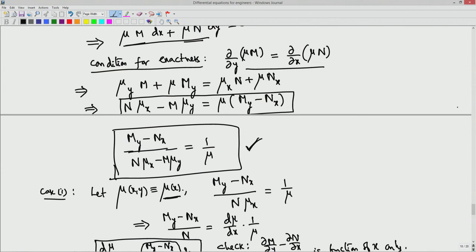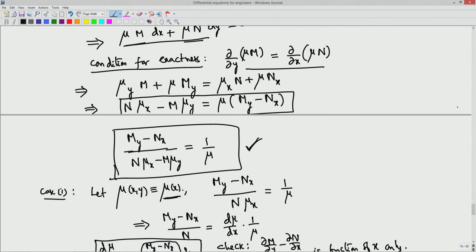Actually this is not an ordinary differential equation because mu is a function of x y, you have partial derivatives, so this is actually a partial differential equation. Okay. So mu is unknown, mu is the dependent variable, and x, y are independent variables, capital M, capital N are known. So you don't know how to solve this because it is a partial differential equation.